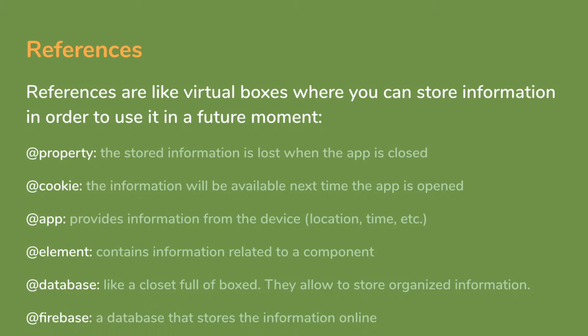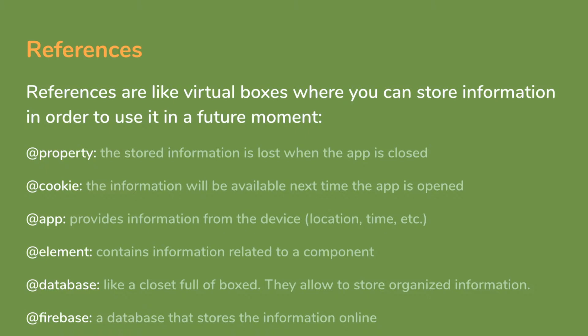So if you close the app and you open the app tomorrow, then the information will still be there. Then we have the reference app, which will let you get some information from the device, like location, the time, things like that.